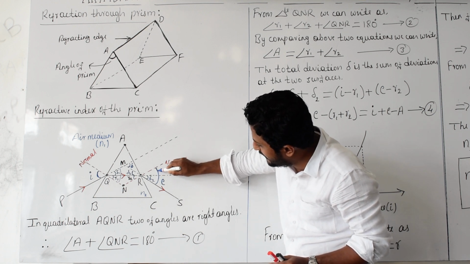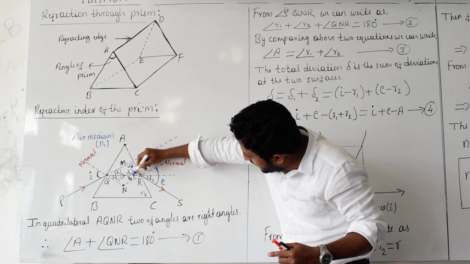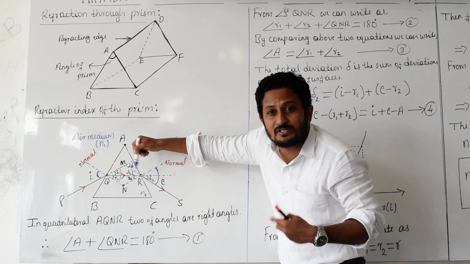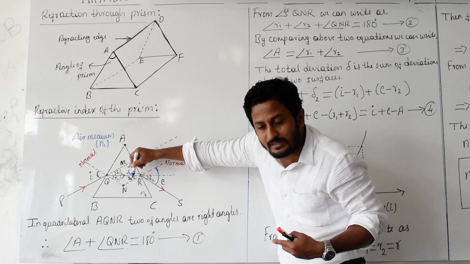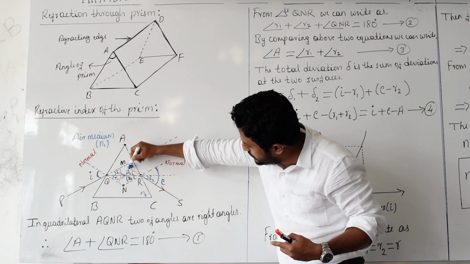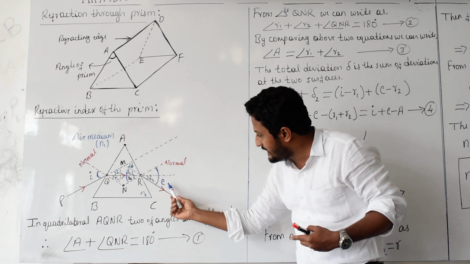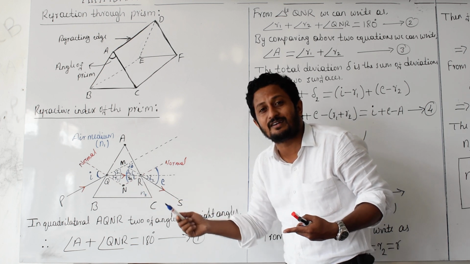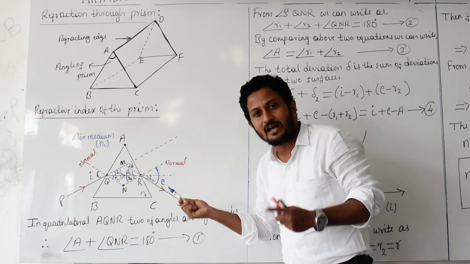This angle of emergence E is equal to the sum of these two angles, because of vertically opposite angles: the sum of delta 2 and R2. I mean E is equal to delta 2 plus R2. We want delta 2, then delta 2 is equal to E minus R2.